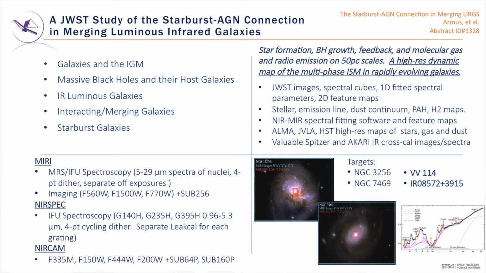And VV 114, a lot of you know that source as well. It has an incredibly distinct pattern in the east and west objects. One is highly obscured. All the UV light comes from one source. All the infrared light comes from the other source, which has a powerful outflow as well. So these are well-studied objects, specifically in the infrared and with Spitzer, but with this tremendous leap, we're going to be able to really address and understand the starburst AGN connection in local galaxies.